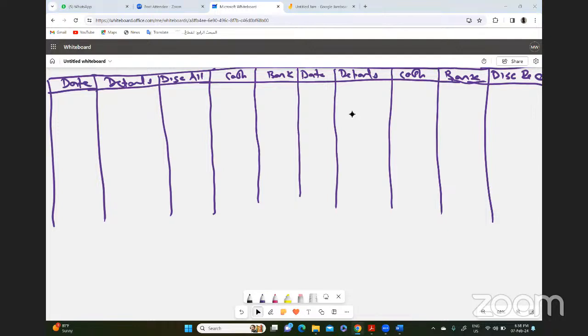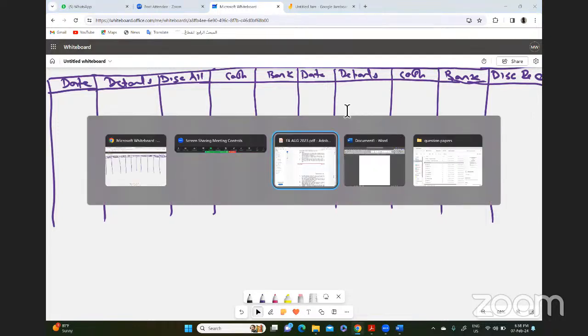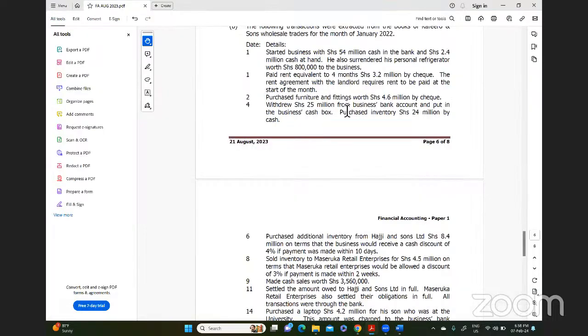So we are starting business with 54 million at bank and 2.4 at hand. Now there's a full stop there. We are starting business with 54 at bank, 2.4 at hand. What do we pick from that information?